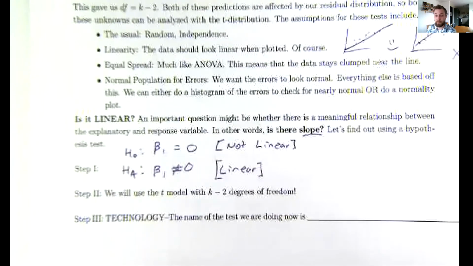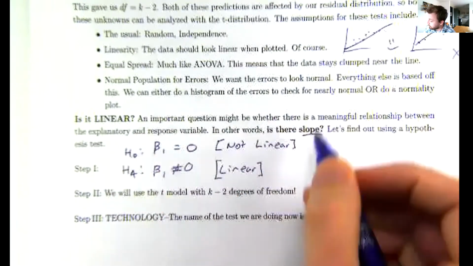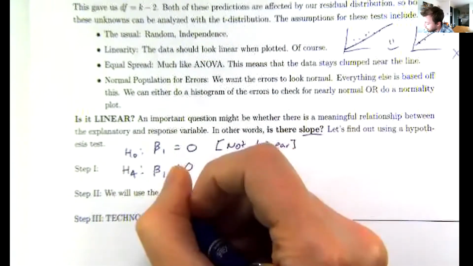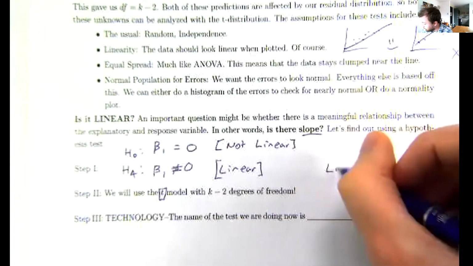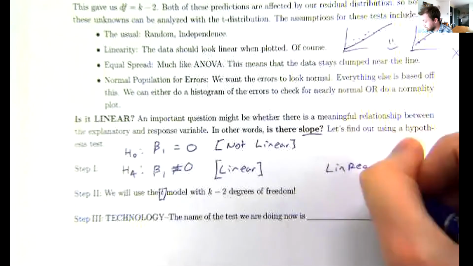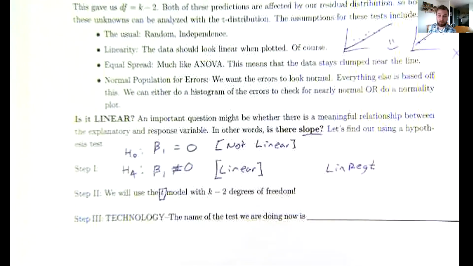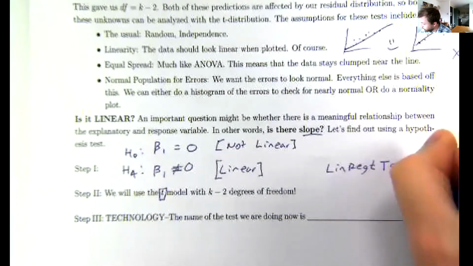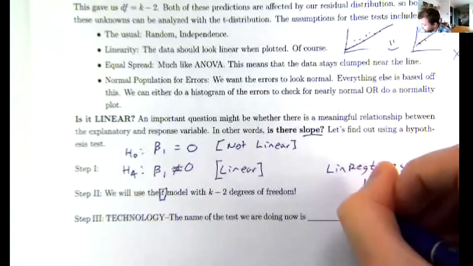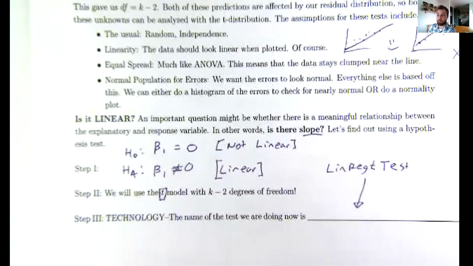My errors follow a t-distribution, so to do this linear regression test, I'm going to be using a t-model. So I'm going to be doing linear regression, and I'm going to be using t-scores. And I am testing to see if this thing looks like a line. So I'm going to be trying to do something called a linear regression t-test.